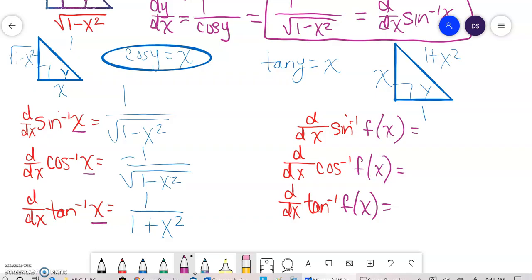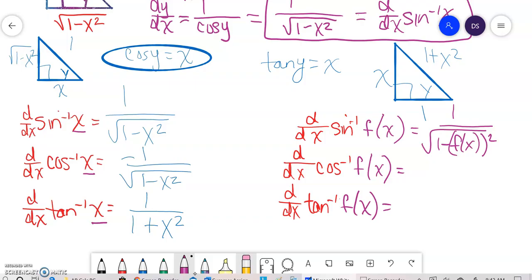You just have to remember to apply the chain rule, which I have to remember anyway for any composition of functions. So if we take a look here, the derivative would be 1 over the root of 1 minus f of x squared.